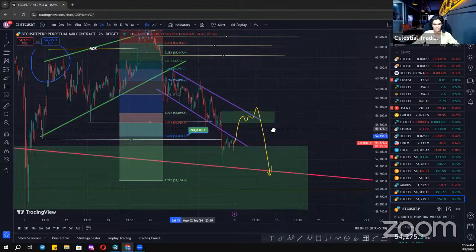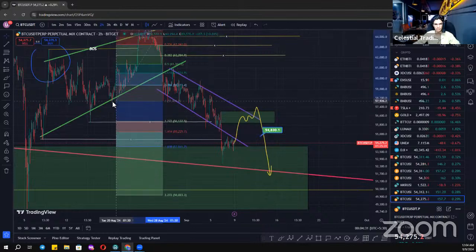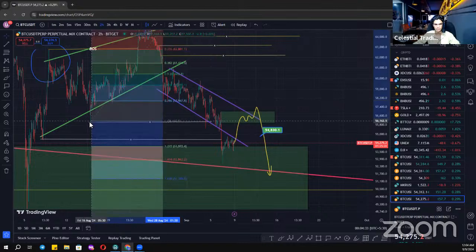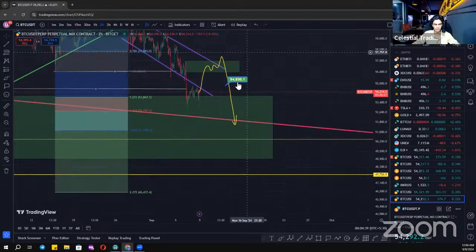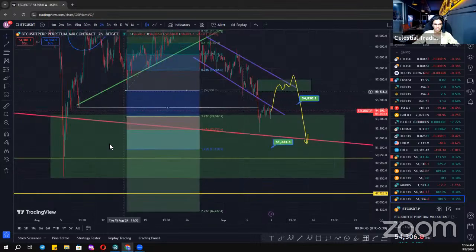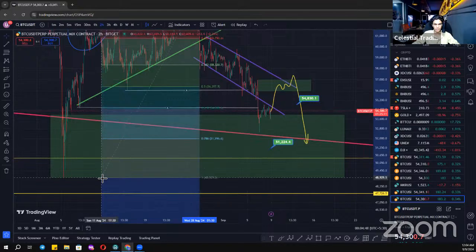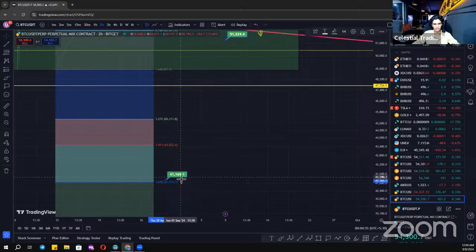Okay, my first target was this area, 54838, and the first target was done, and my second target was here. Okay, and the third target is here.